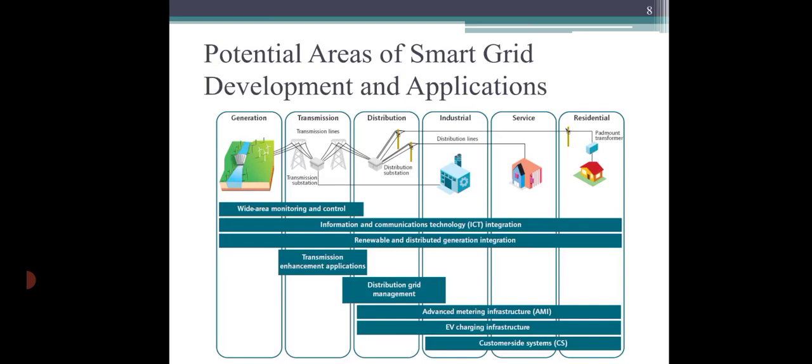Wide area monitoring and control, information and communication technology integration, renewable and distributed generation integration, then transmission enhancement application, distribution grid management, advanced metering infrastructure, EV charging infrastructure and customer side systems. These are used in a smart grid.